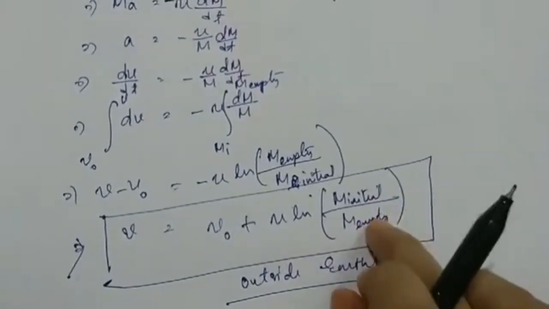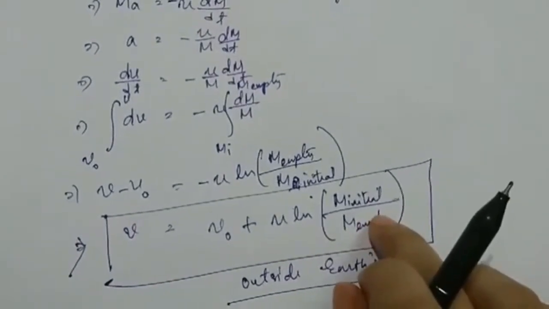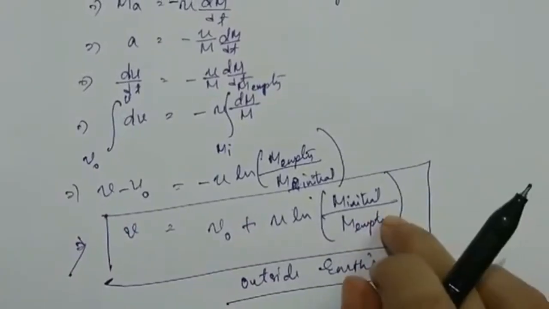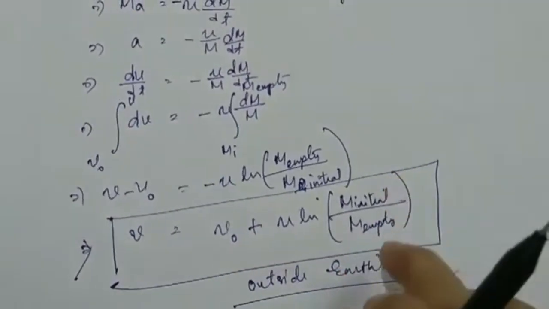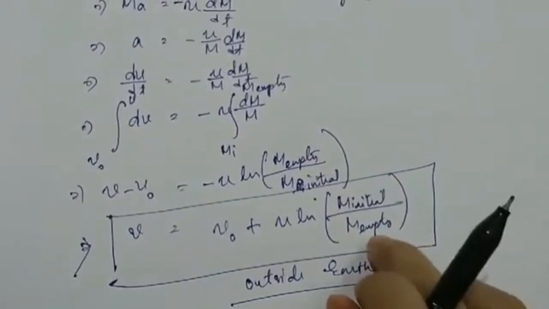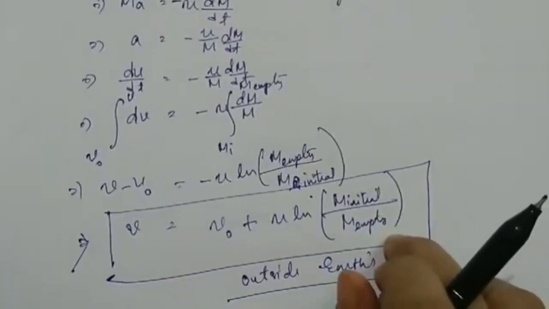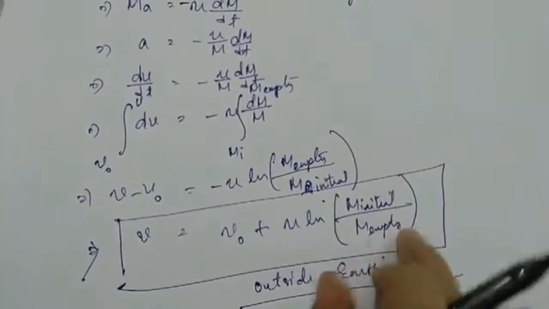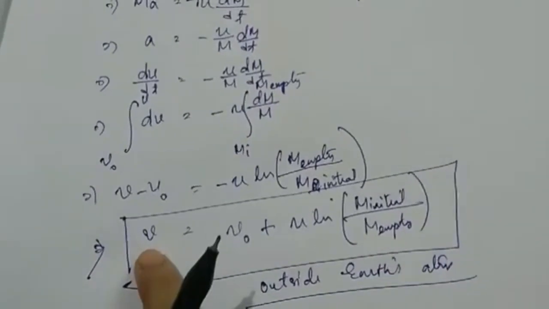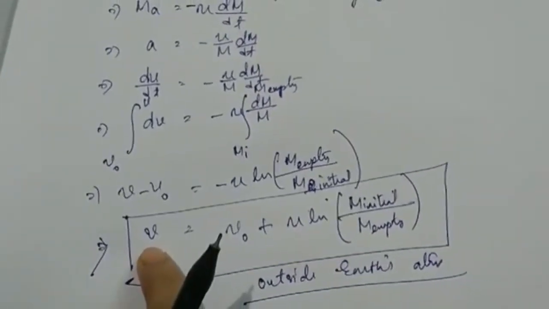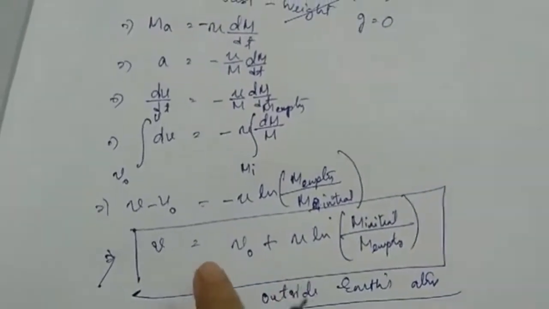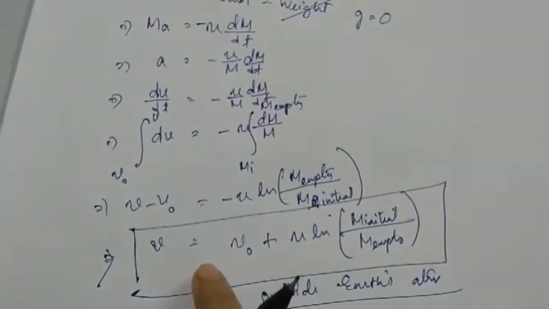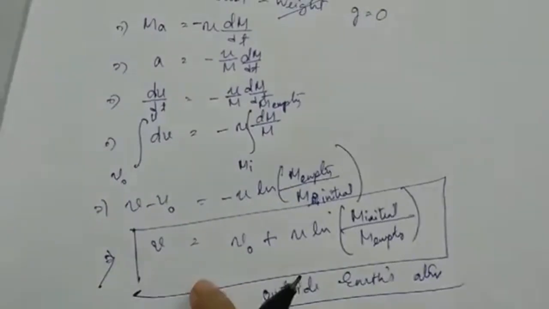So you know how much fuel will remain in the rocket after a certain amount of time. You know the initial mass, and you know the mass empty, how much fuel has been emptied. If you know these two values, you can easily determine at what particular velocity the rocket is moving in space right now. This is the mathematics used to calculate the velocity of a rocket at a certain instant of time.